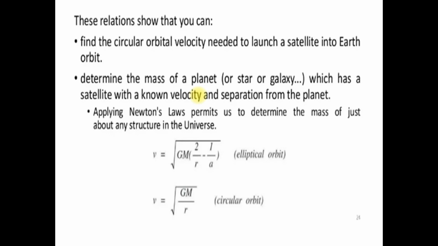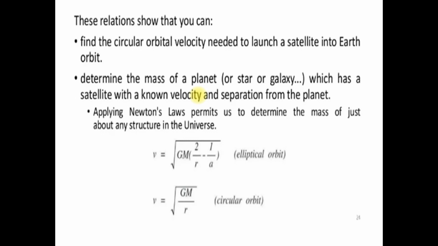These relations show that you can find the circular orbital velocity needed to launch a satellite into Earth's orbit, and determine the mass of a planet, star or galaxy which has a satellite with a known velocity and separation from the planet. Applying Newton's laws permits us to determine the mass of just about any structure in the universe.